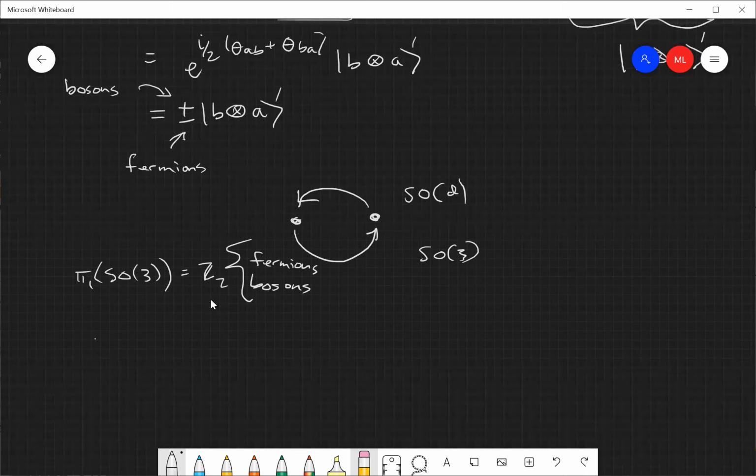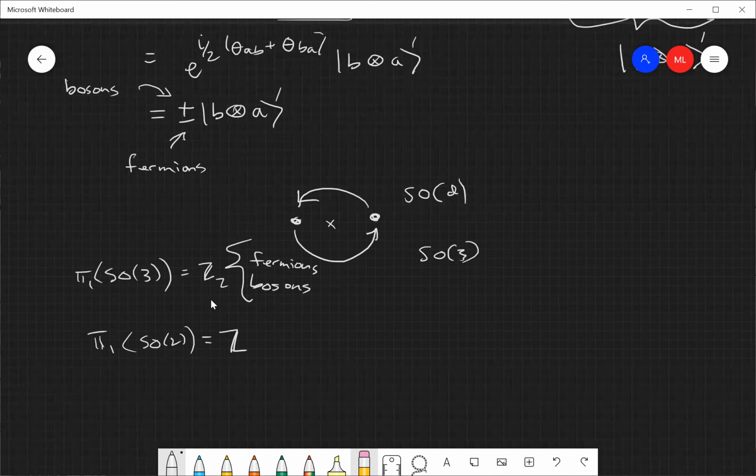Conversely, the fundamental group for rotations in 2D is actually the whole set of integers. Why? Because in 2D, you can imagine exchanging 2 particles, but you can spin them around that central point as many times as you want. And those are all inequivalent ways of doing the particle exchange.